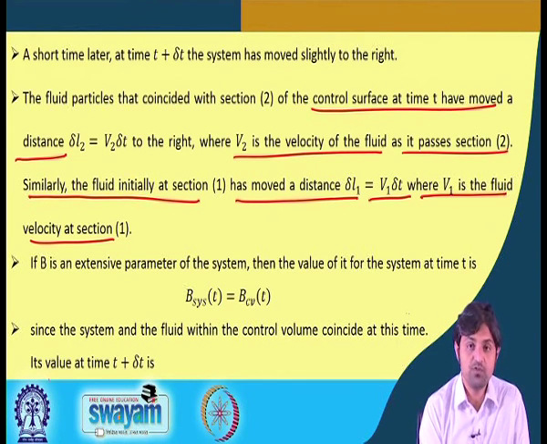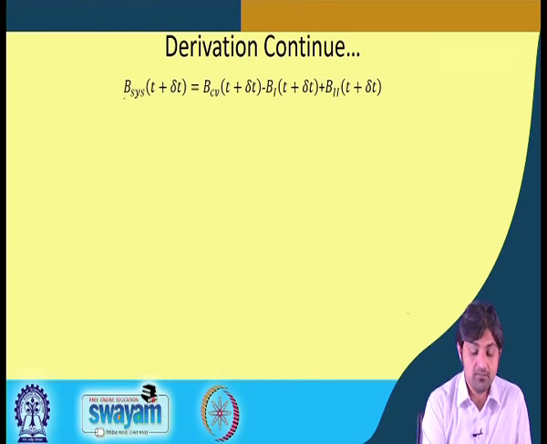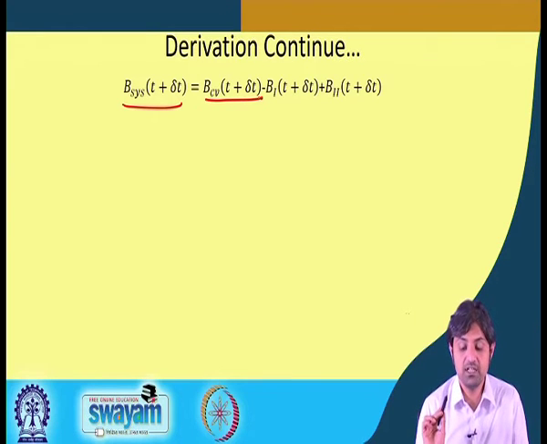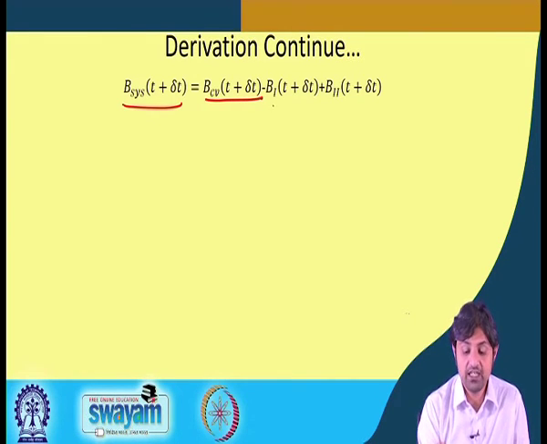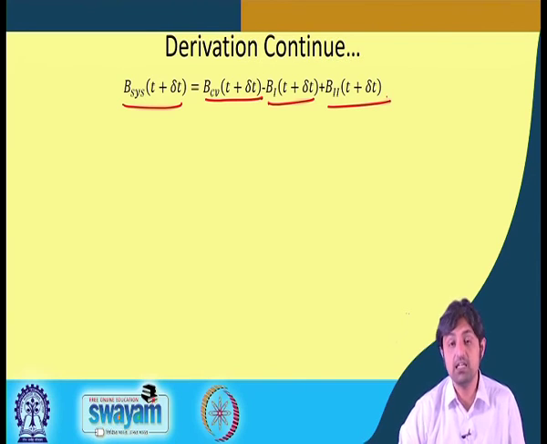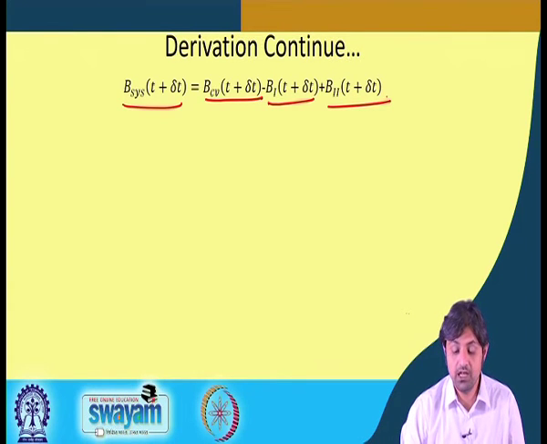Now if we want to find out the value of B system at t plus delta t, it will be B of control volume at t plus delta t minus B1 at t plus delta t plus B2 at t plus delta t. So now taking you back, what actually are B1 and B2?